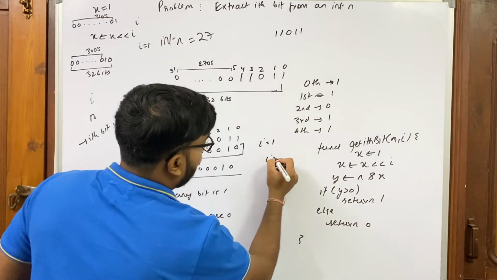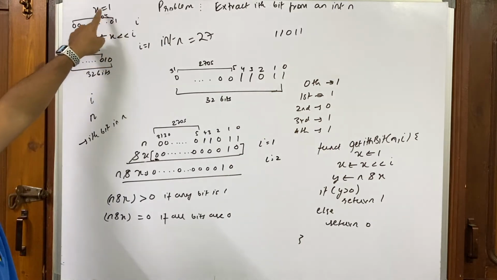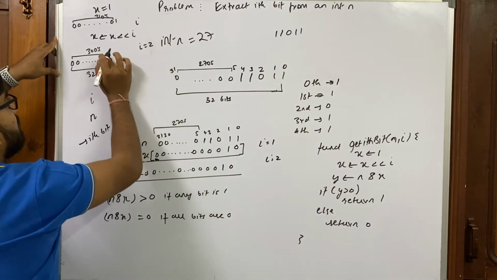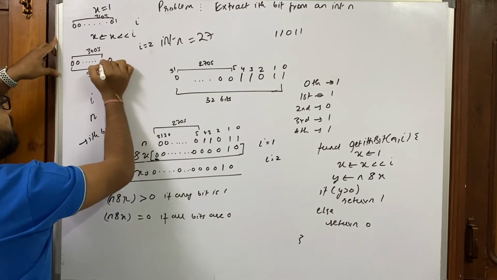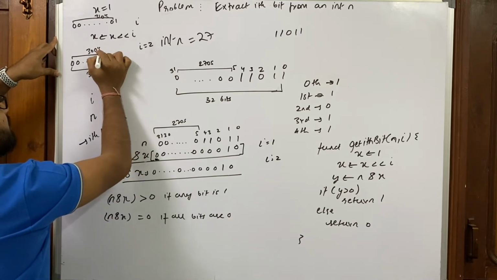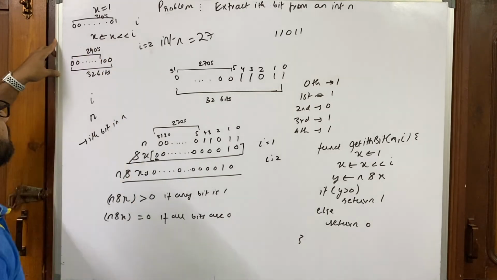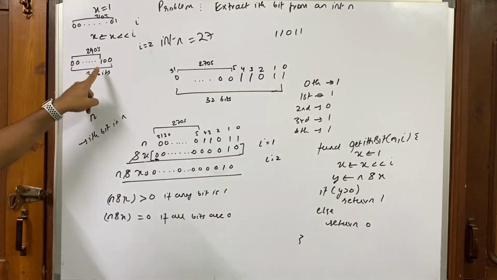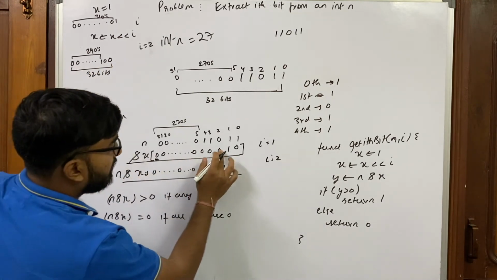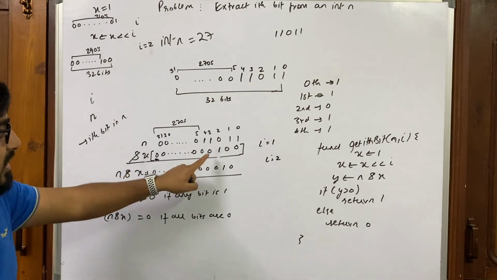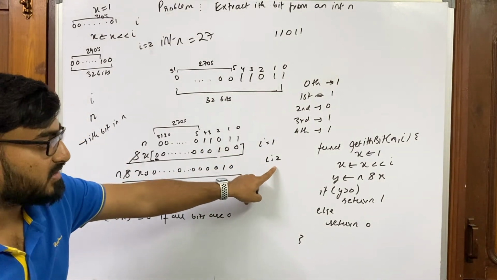So suppose I was 2, so I'll take x equal to 1 again and x left shift 2 now. So 1 comes here, and these are 29 zeros, and these are the remaining 3 bits. So x is now 29 zeros and 100 at last, and 1 is at index I equal to 2 because we are finding the ith bit.